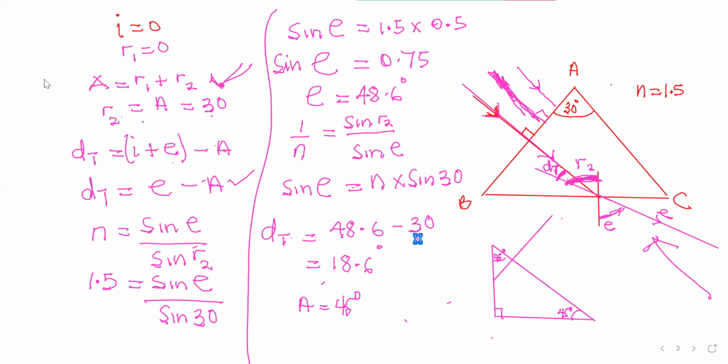Let me use letters A, B, C. So it makes an angle of 90 to AB. Then it reflects within, total internal reflection.